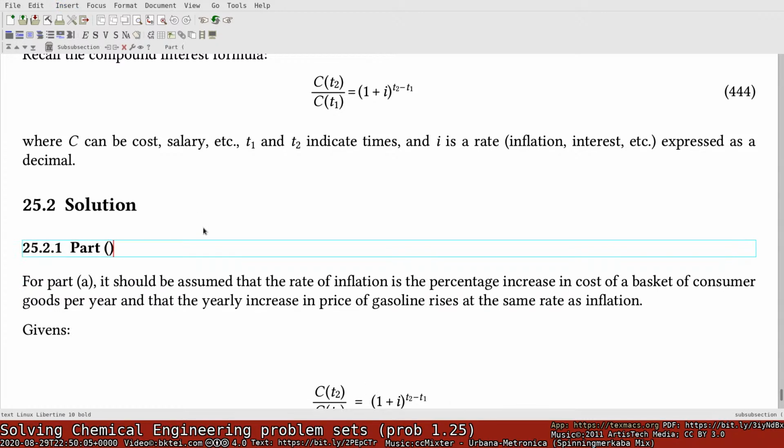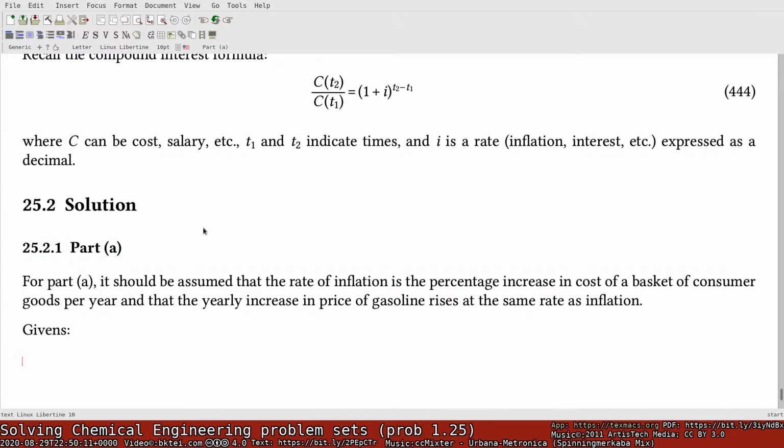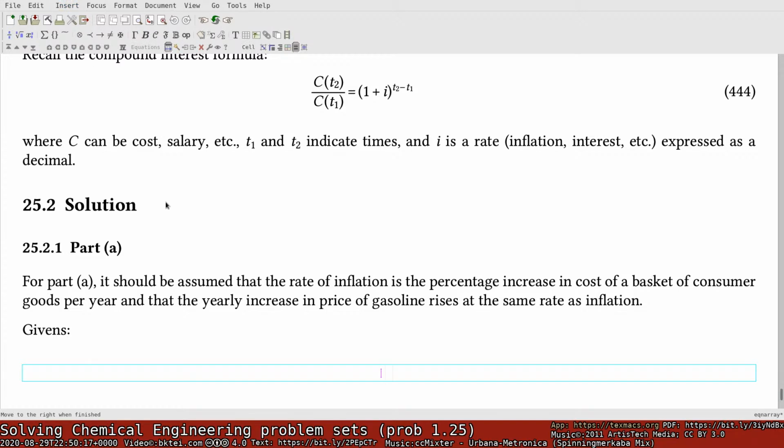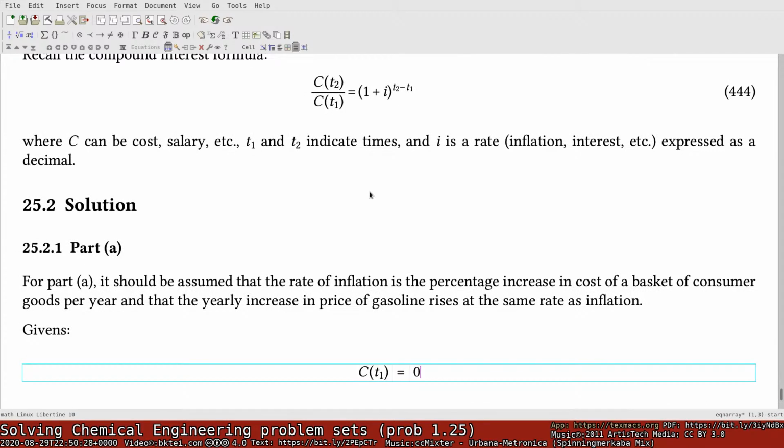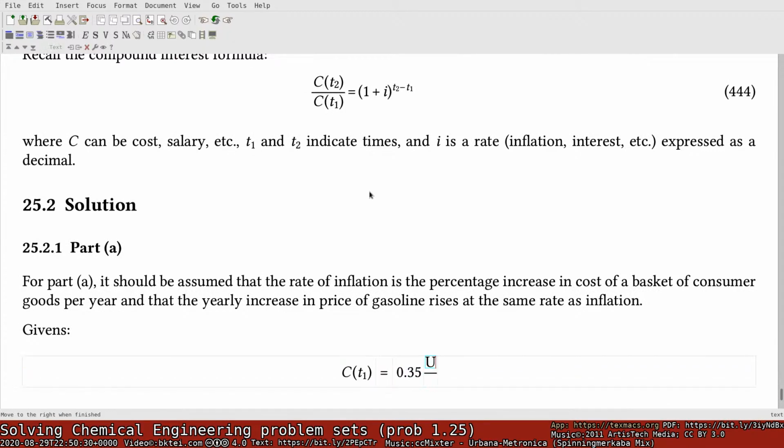Part A. Givens are an initial cost. Let's list them. So cost of gasoline and the rate. So C of T1 equals, what was, how many cents? 35 cents per gallon. So 0.35 USD per gallon.